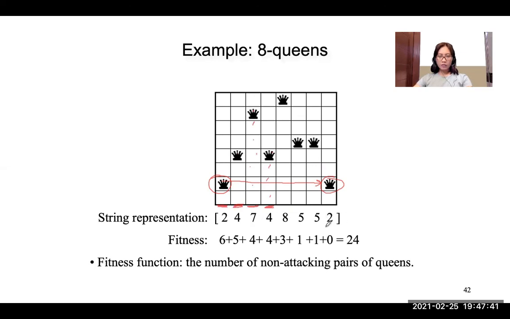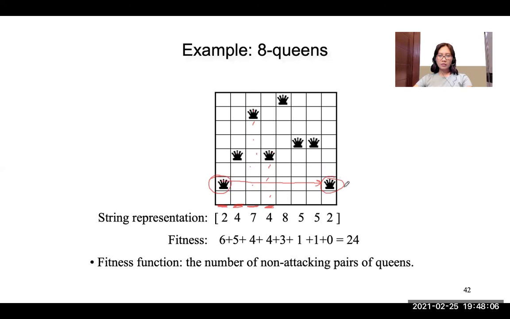With these string representations, we need to know how to calculate the fitness score. So how good is this bit? According to the position that is not attacking each other. I will calculate based on the number of the other queens that are not attacking this bit.